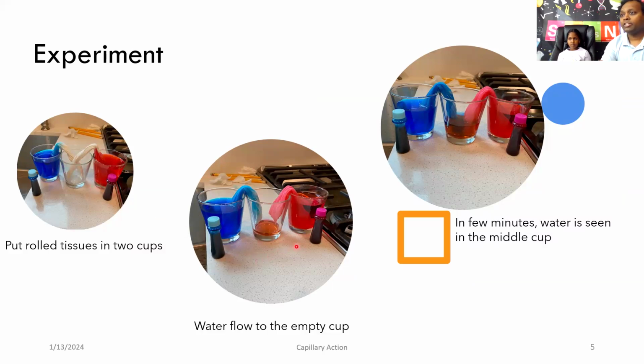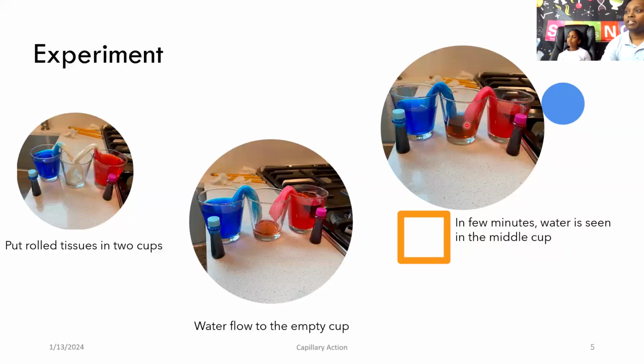And then you will see slowly the water flowing from one cup, the colored cups, into the empty cup. I mean, you will see that pretty quickly. Maybe in 2-3 minutes, you will start seeing that. And after some time, you'll see the water level rising in the middle cup, which has no water.